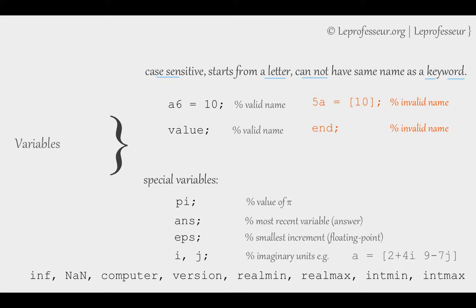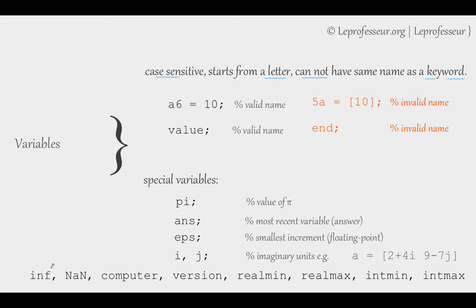For example, a equal to 2 plus 4i, so 2 becomes the real part and 4i becomes the imaginary part, meaning 4 is the imaginary part of this complex number. Now this vector has 2 elements, and both are complex numbers.